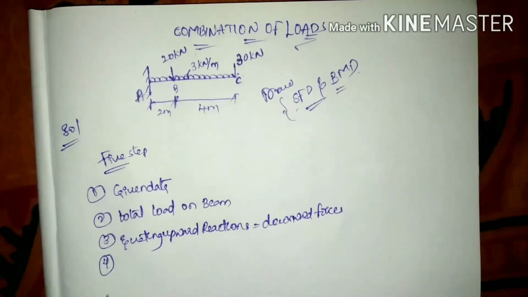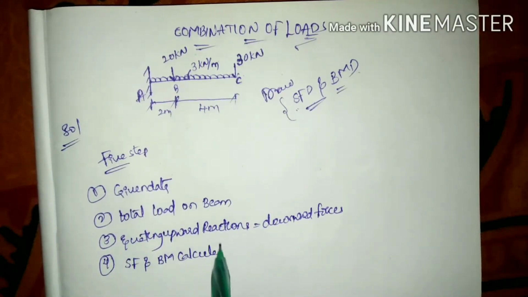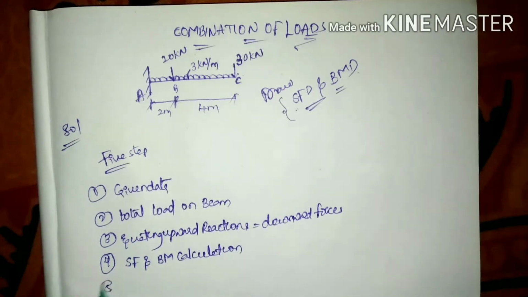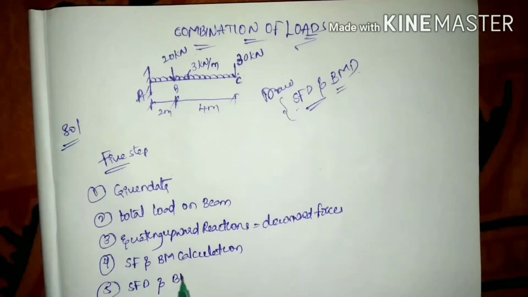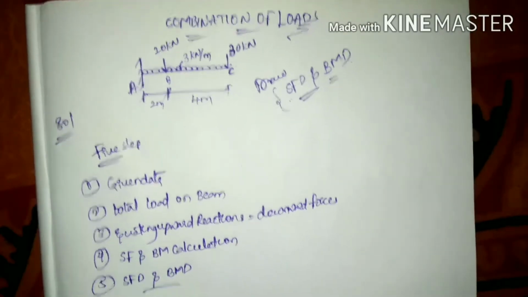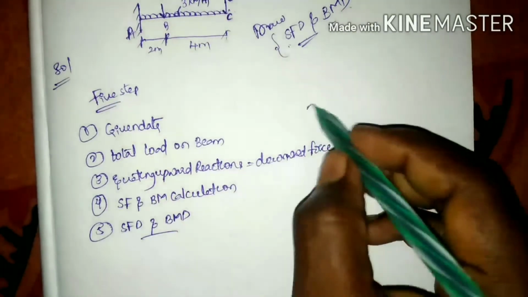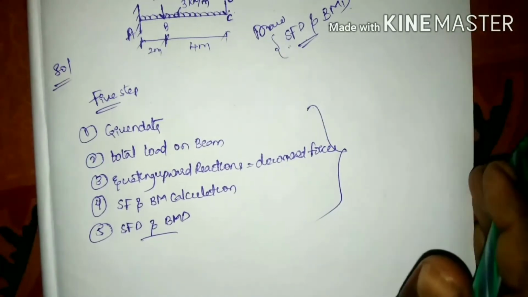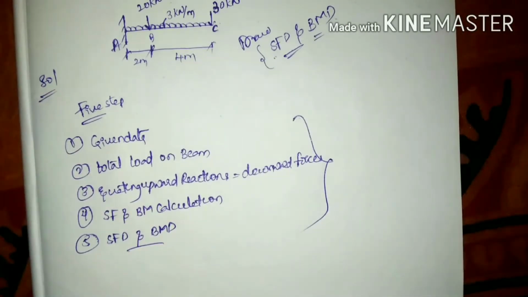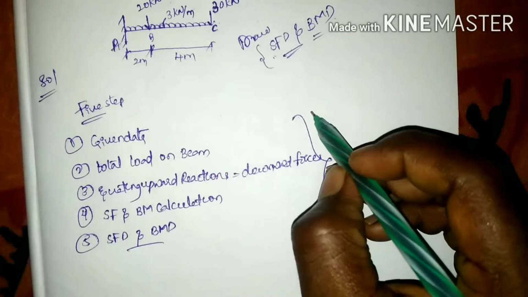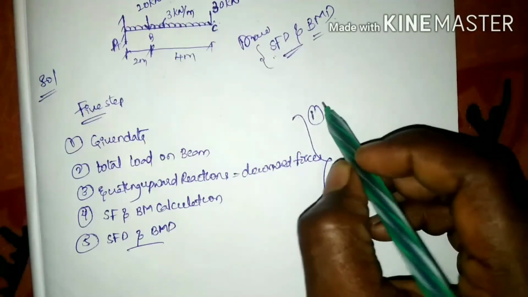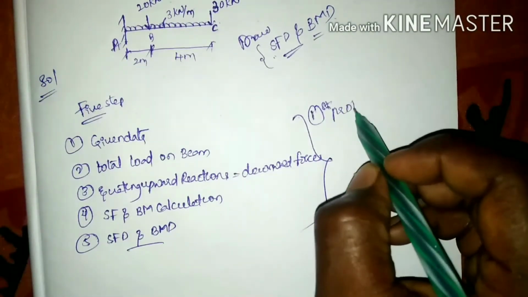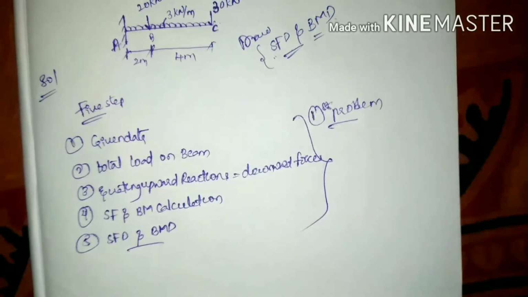And number 4, shear force and bending moment calculations. Number 5, shear force diagram and bending moment diagram. This is our 5-step method which we are going to follow from the first problem.